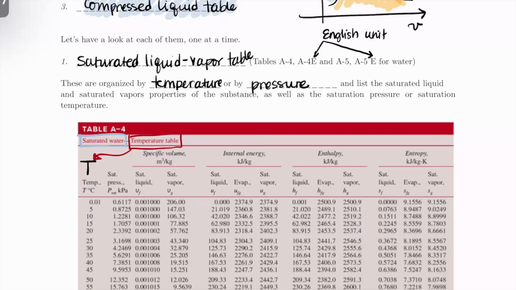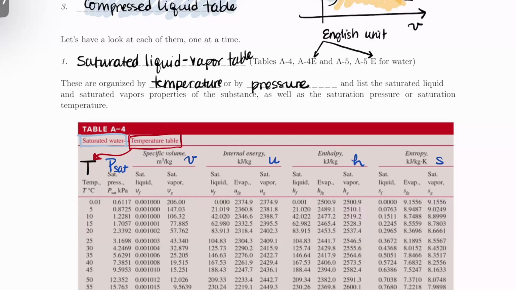So let's put this in blue. So this is Psat. All right, and then just like how we talked about last time, we have our four different quantities that we care about. So specific volume is here. We get vf and vg. Internal energy is u, enthalpy is h, and then entropy is s.